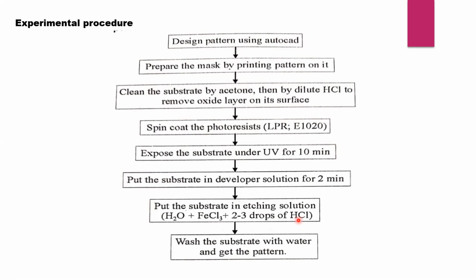Photoresist was there earlier. Now, with the help of this etching operation, making use of the etching solution, which is the combination of the three chemicals, water, iron chloride, and HCl, we have made our product free of photoresist. So finally, the job is done.